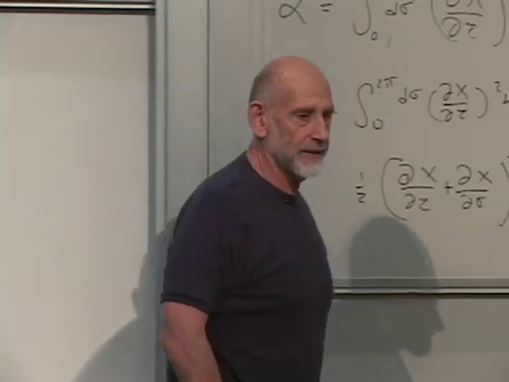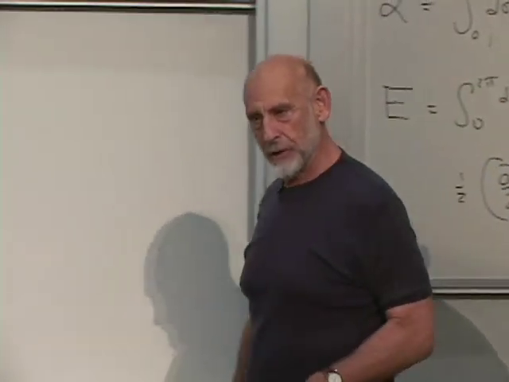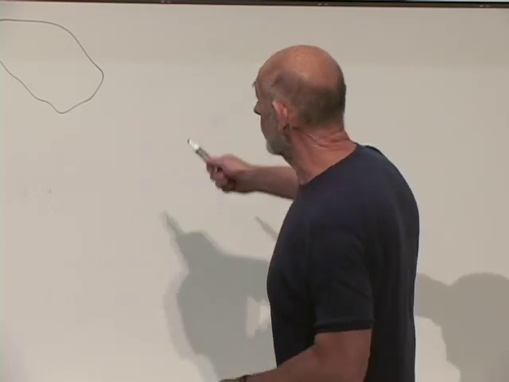It could be that there's a special point on the string that's marked by a little bit of ink, you know, like that point can be special. Right? It could also be that there is nothing special about any point, and that the theory has to be symmetric or invariant under shifting the parameter sigma.